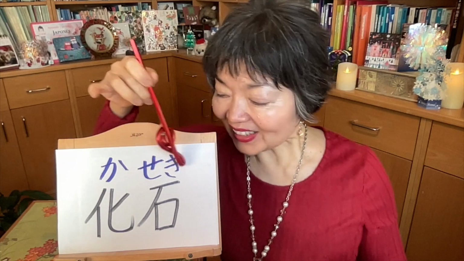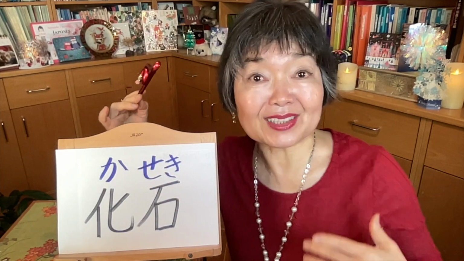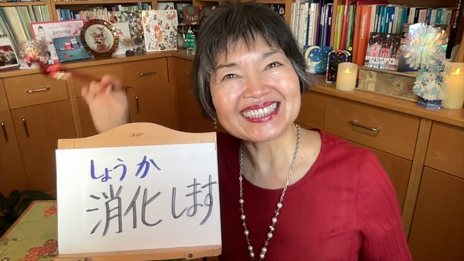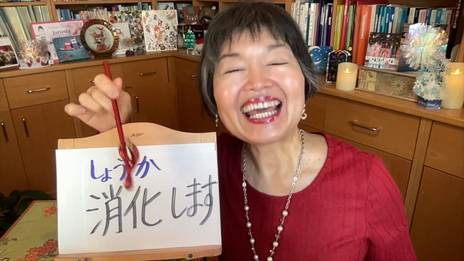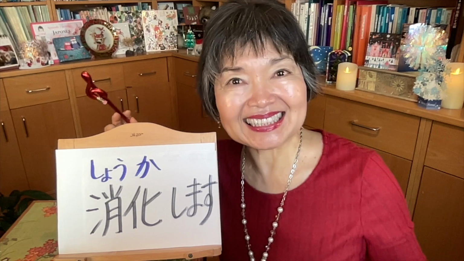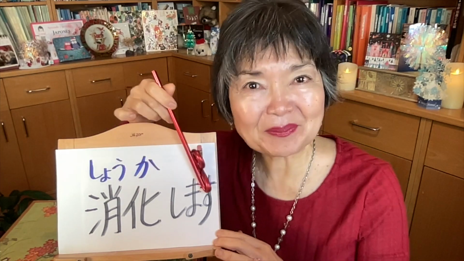Fossil, 化石. Here, 石, but this is 石. 石 is the stone. The stone has changed into, turned into something else. Fossil, 化石.